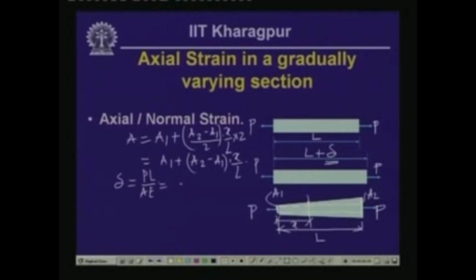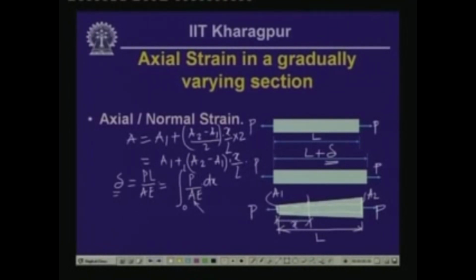So, this is equal to the integral of P over AE, where A is also a function of x now, dx, varying from 0 to L. Now, we substitute the value of A here, which is a function of x, and integrate it over the length, which will give me the deformation delta.